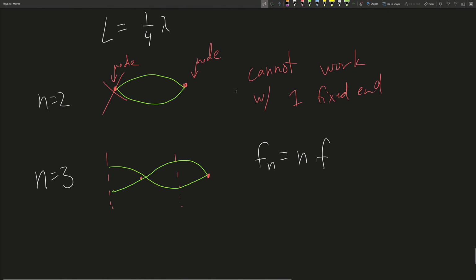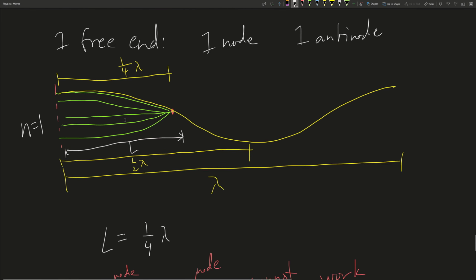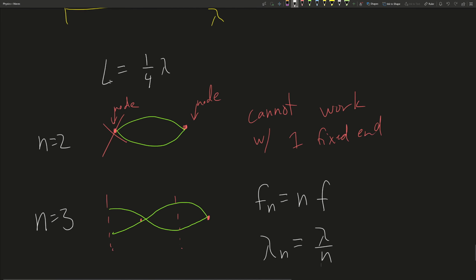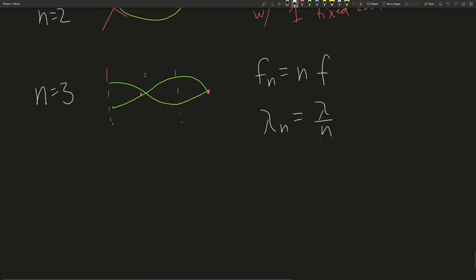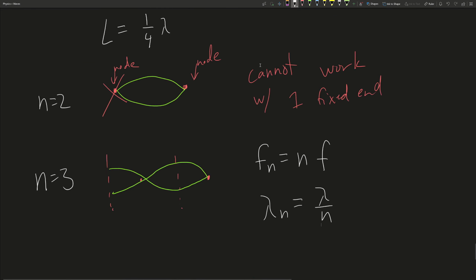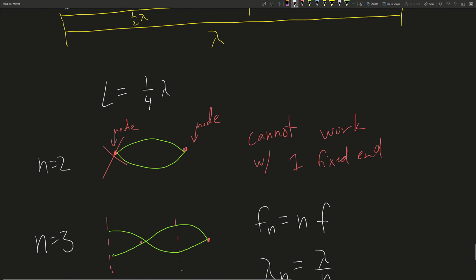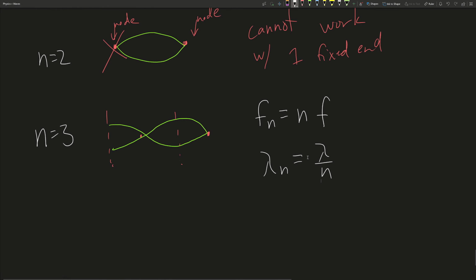Because as you see here, the wavelength of the nth harmonic is equal to this original wavelength divided by n. As you see here, you can fit 3 of these original ones into this new third harmonic, but the length is the same, so the wavelength has to be 1/3 of the original, which means the frequency has to be 3 times the original, since the medium didn't change, so the velocity has to stay the same.